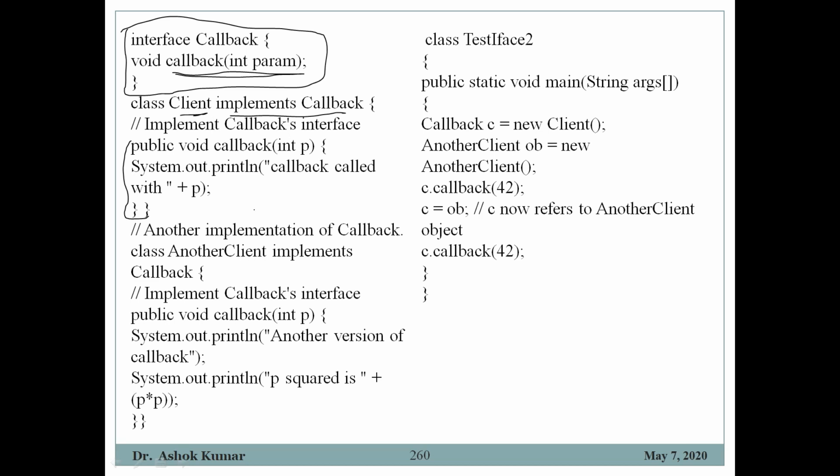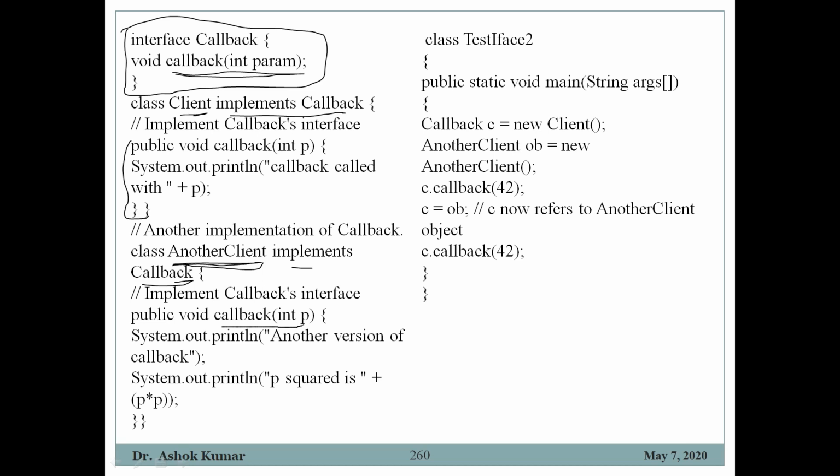Next, in this example we have another class, and the class name is another client. It is also implementing the same interface callback. So in the other class also you have to write the definition of the callback method. So we have done this over here.